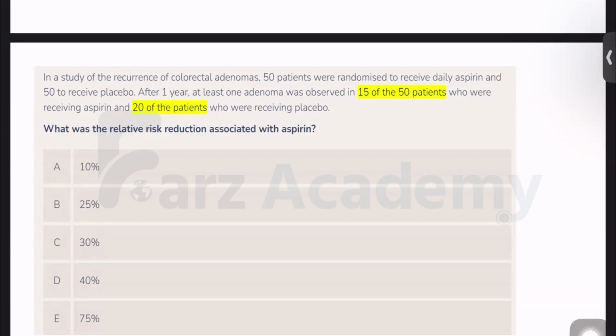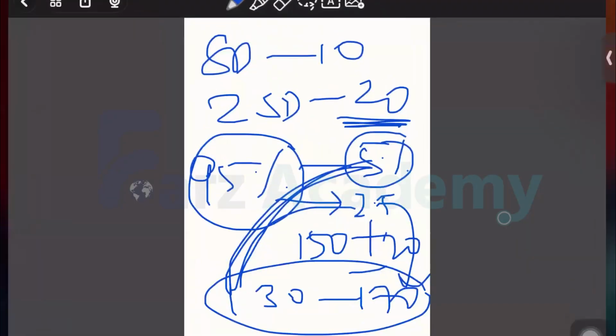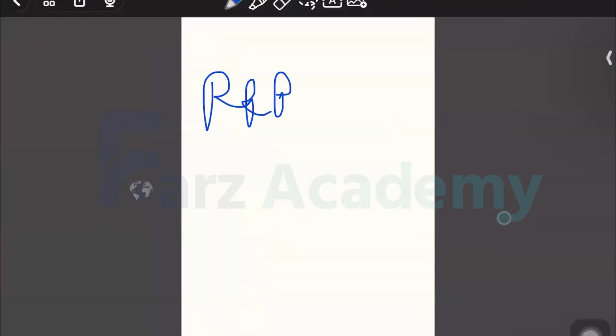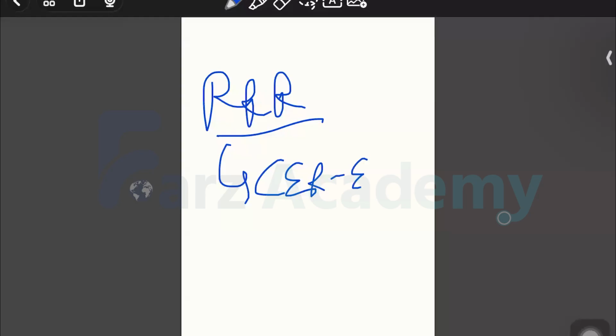Very good. So basically, what is relative risk reduction? Control event rate minus experimental event rate upon control event rate. That means how much a treatment intervention is going to reduce the risk of a particular outcome, whether that group is the control group or the experimental or interventional group.